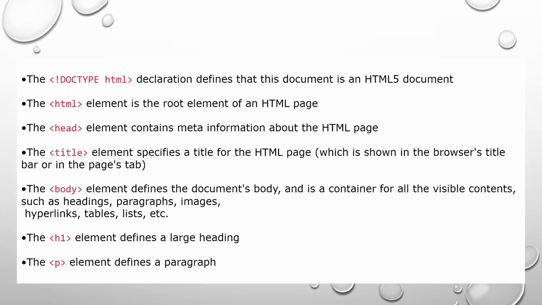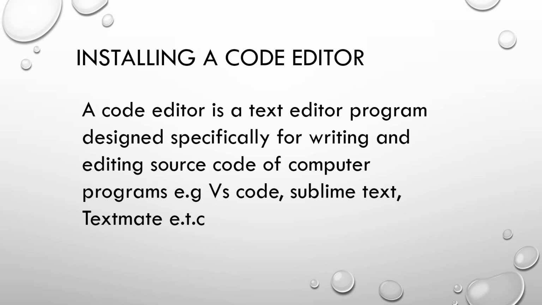So anything that you want to appear inside your website, you have to make sure that all those items or elements are inside the body tag, because that is where all the visible contents are placed. Then also from the snippet, we saw something like H1, and we have the P element, which we are going to talk about later in this series.